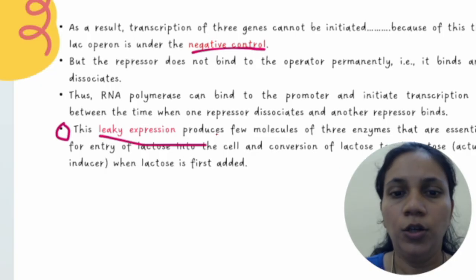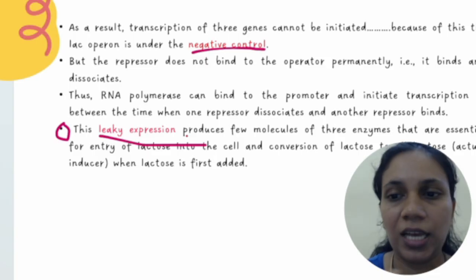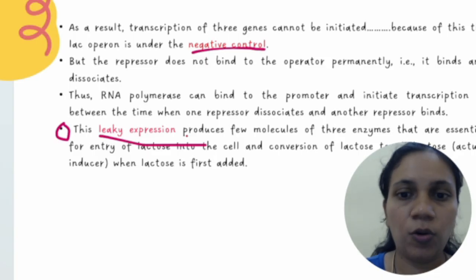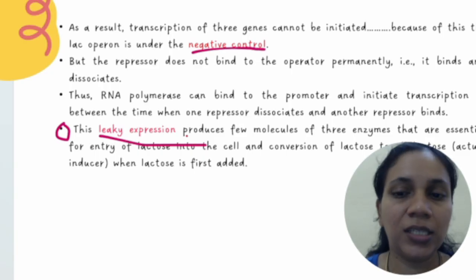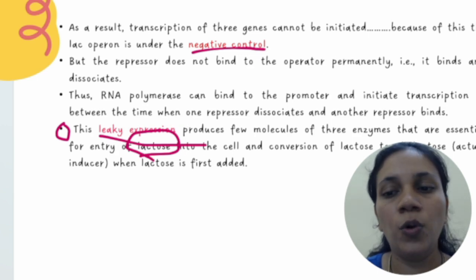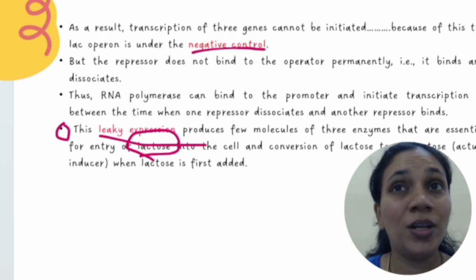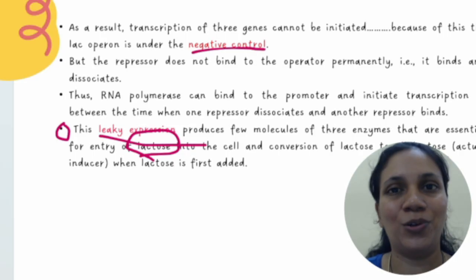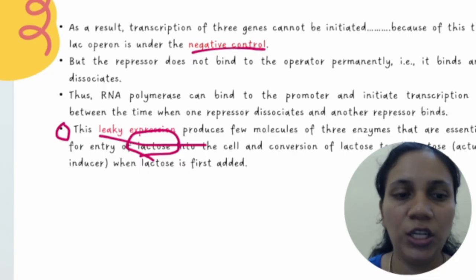This leaky expression produces a few molecules of the enzymes which are required for the entry of lactose into the cell. The moment lactose enters the cell, it gets converted to allolactose by the beta-galactosidase enzyme, which is the actual inducer of the lactose operon. Now all is in the court of allolactose, which will go and perform its duty as inducer.